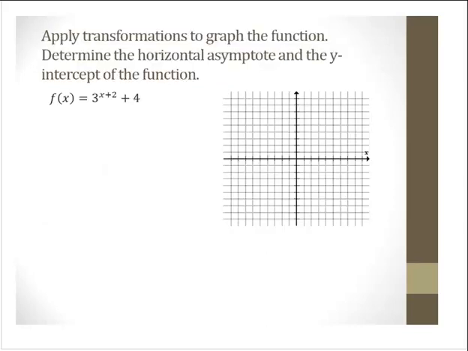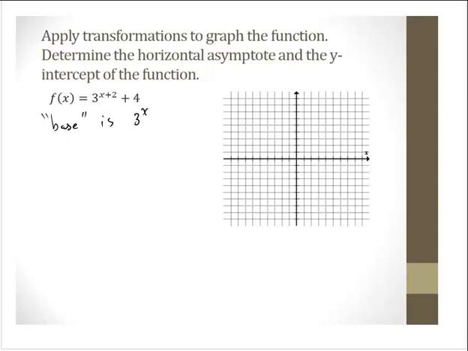Apply transformations to graph the function. Determine the horizontal asymptote and the y-intercept of the function. We're asked to do this with 3 to the x plus 2, plus 4. So I think of this as a transformation. My base function is 3 to the x, which we know how to graph now.